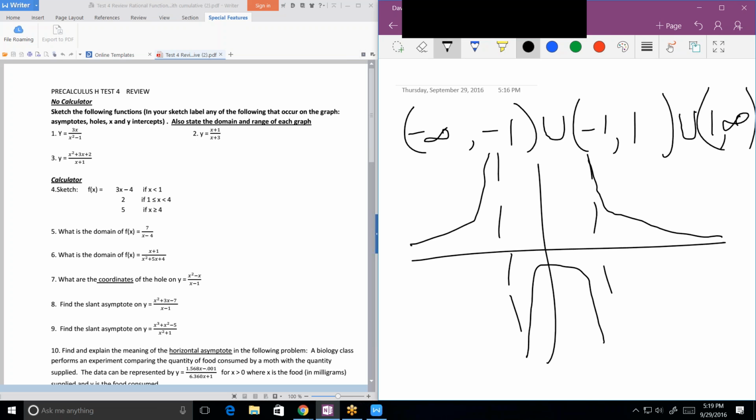now what's the range? It would be -infinity to 0, 0 to, not 0, but to whatever that value is. Well, it turns out that that value you can't figure out without calculus. You could if you had calculus, but you need to put that into a calculator to figure out what the y value is there.